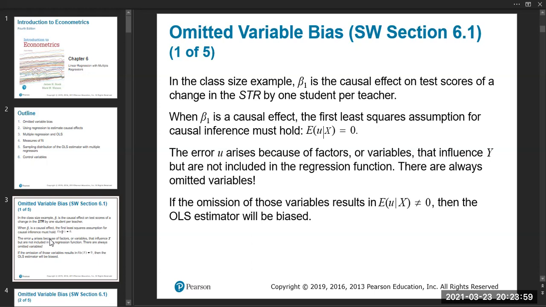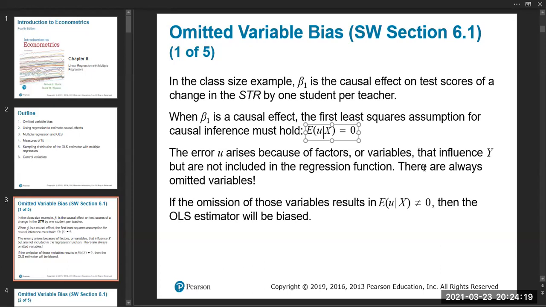We want to know the causal effect, so those 3 assumptions have to hold. And one of the most important assumptions is this conditional mean equal to 0.